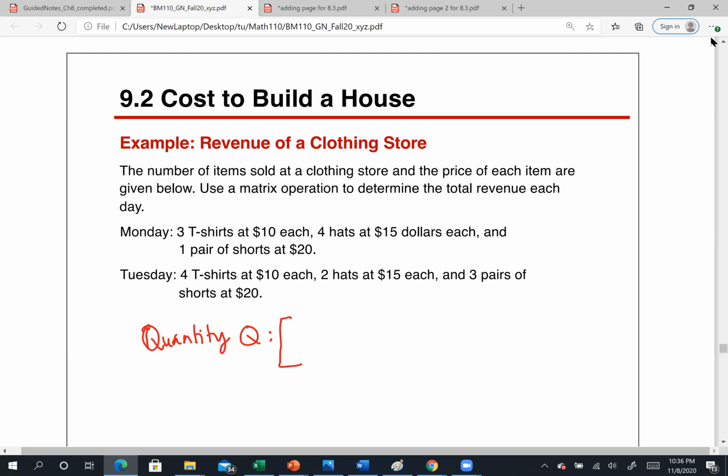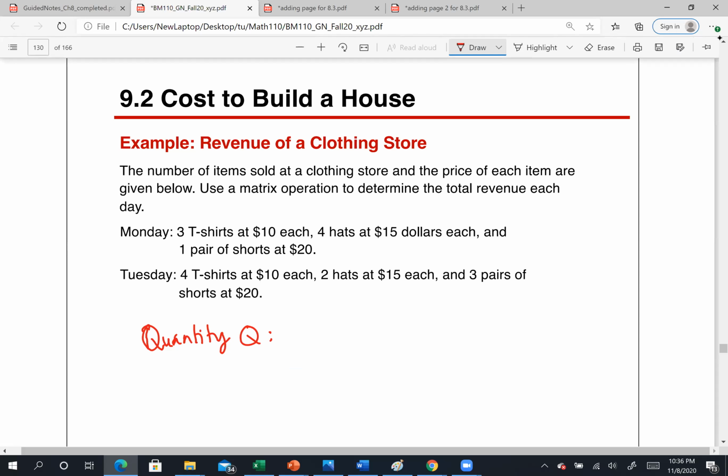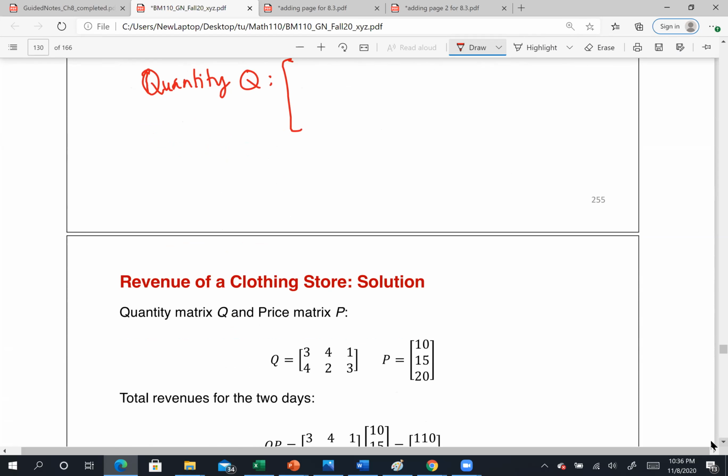for Monday you get 3 t-shirts. Let me make sure, so they use 2 by 3.